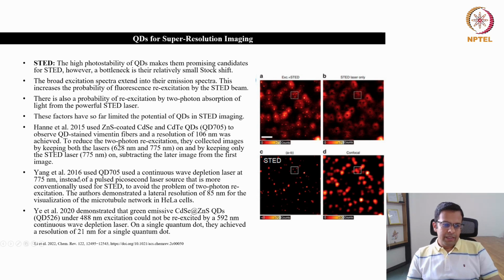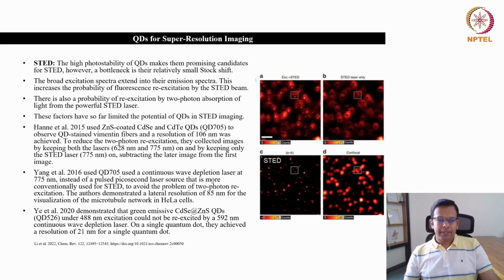Then Yang et al. in 2016 used the same quantum dot 705, but they used a continuous wave depletion laser at 775 nanometer, instead of a pulsed picosecond laser source that is more conventionally used for STED imaging. In the previous study they used the conventional pulsed picosecond laser, which is a very intense source of light.